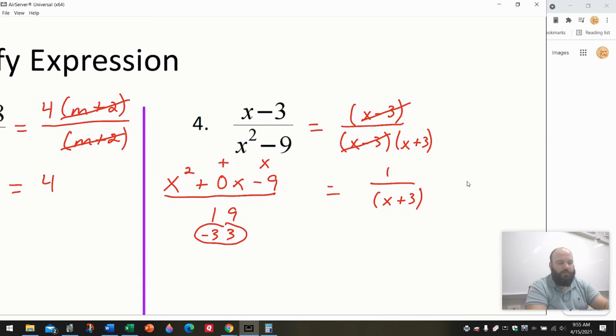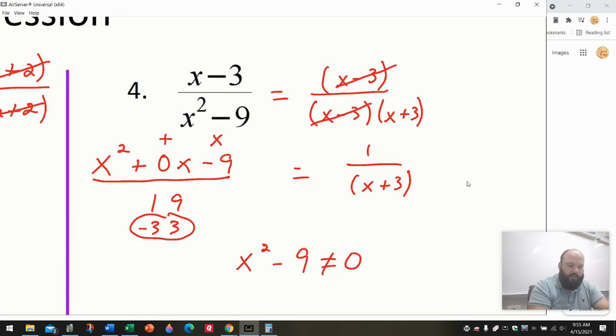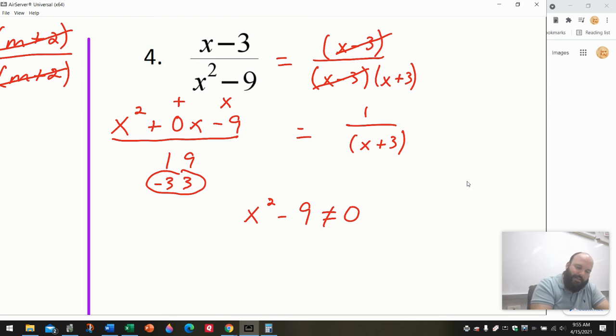Now in the next one, you can see I have x squared minus 9, and that one we will set not equal to 0 and solve. In this particular one, we would need to add 9 first, and we would get x squared equals 9. Now, in order to get rid of a square, you must take the square root.